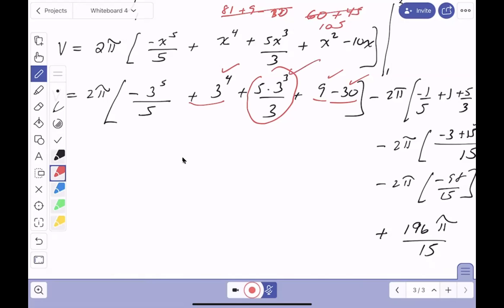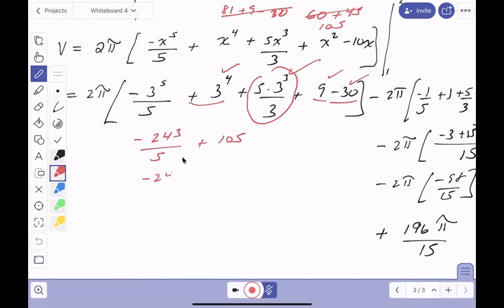I got the killer. Right, I got a killer over here. So what do I got? Let's see. Minus 3 to the 5th power. That's 81 times 3, 243, over 5 plus 105. I got more arithmetic to do.